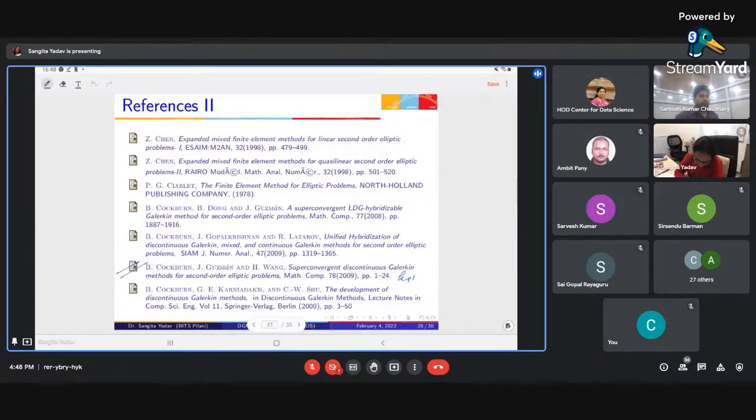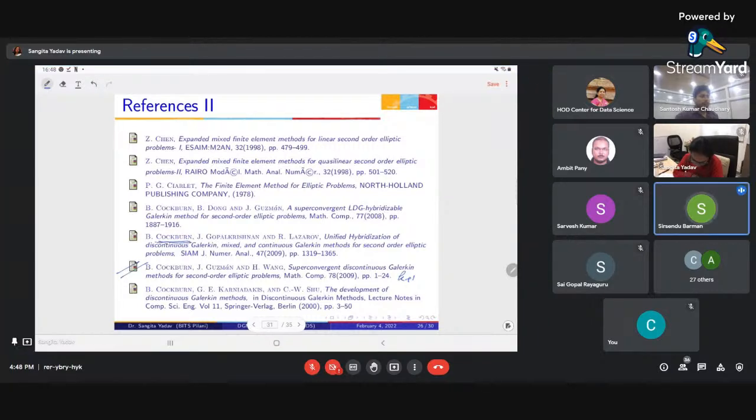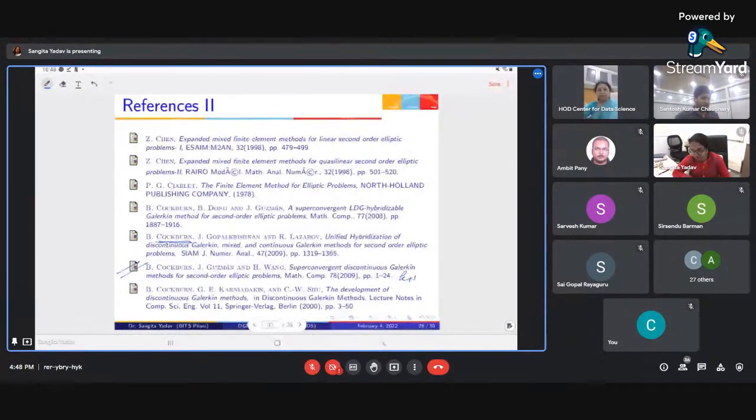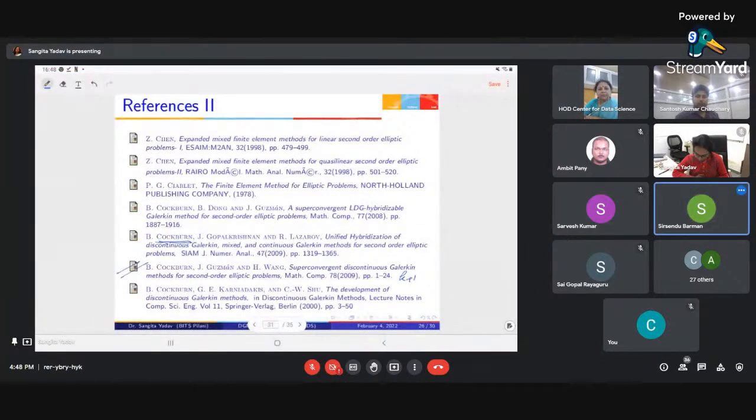So you can find some research by Cockburn on Navier-Stokes equation. Ma'am, I have not explored these types of equations, but I am sure there is some literature on Navier-Stokes equation by Cockburn for DG methods. Okay, ma'am. Thank you.